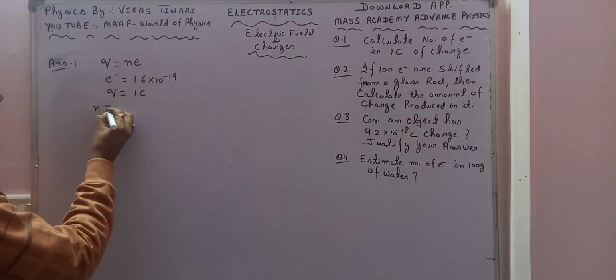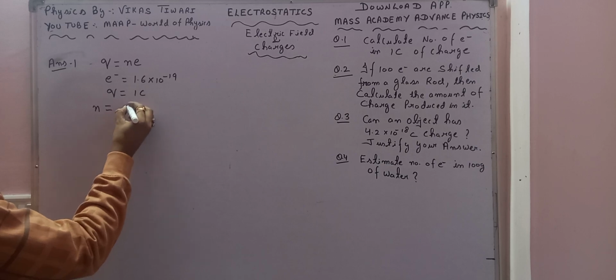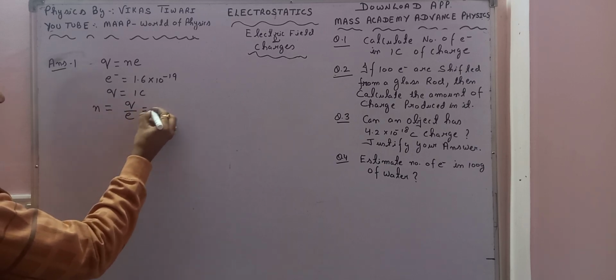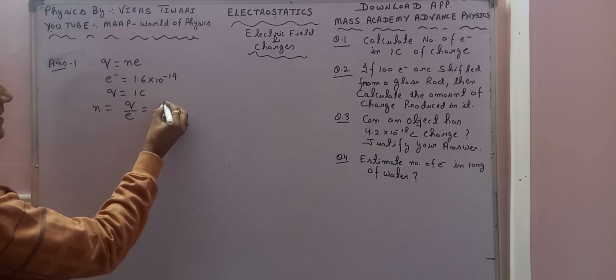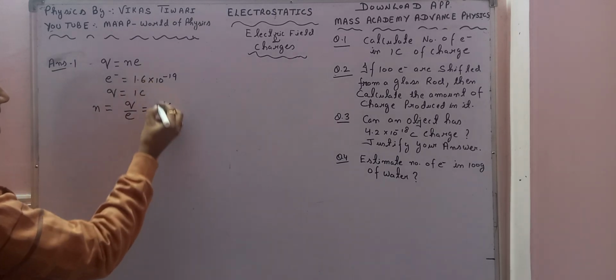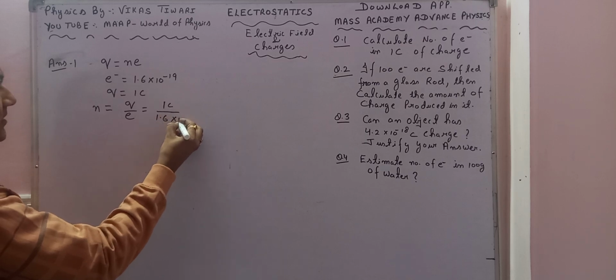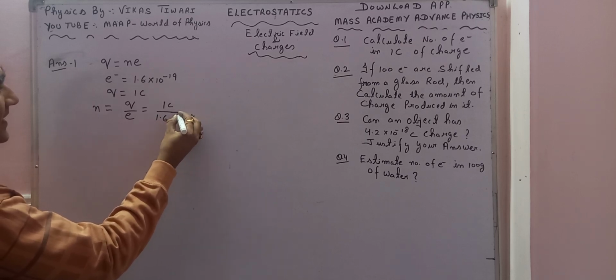We have to find the number of electrons, that is N, and it can be written as Q upon E. The value of Q is equal to 1 Coulomb and the value of electronic charge is 1.6 into 10 raised to power minus 19.